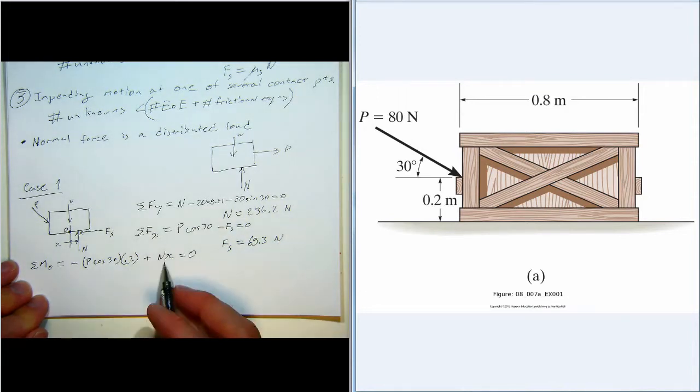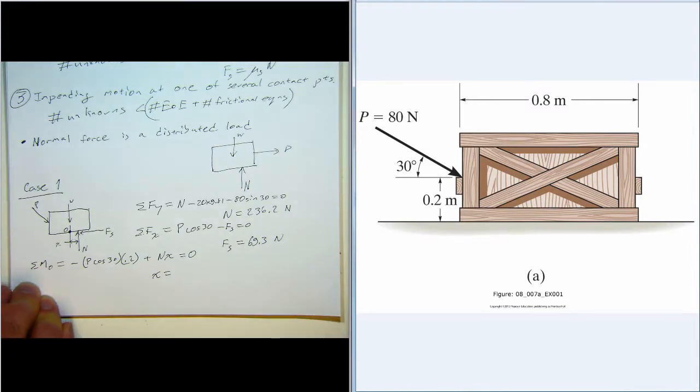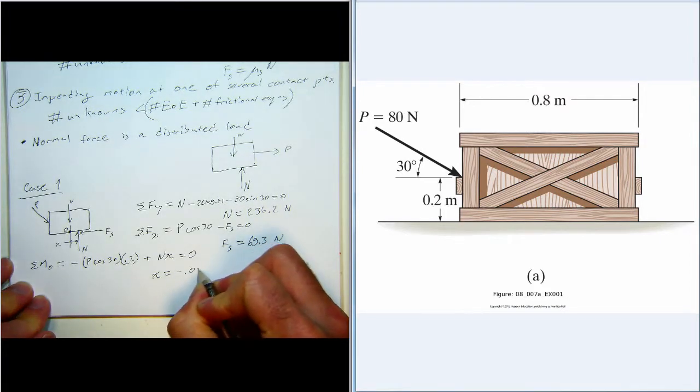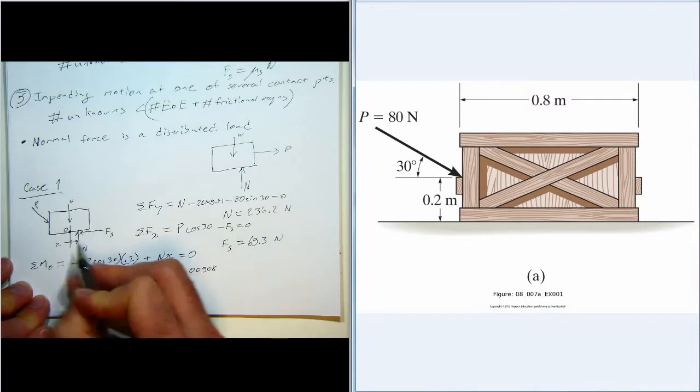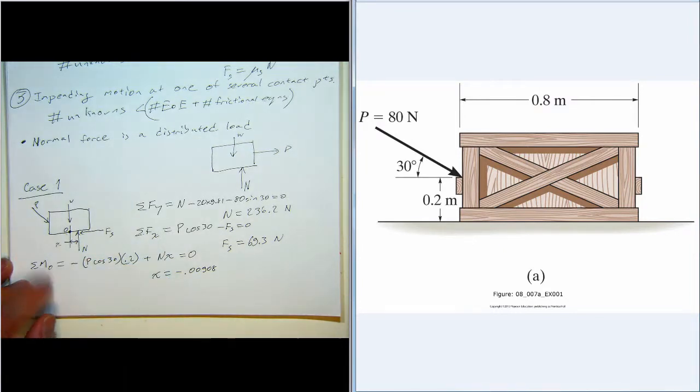So we know P and we know N, so we find out that X is equal to negative 0.00908. So that means that X is really right over here. So the normal force really acts right over here, and it's a very small distance from O.